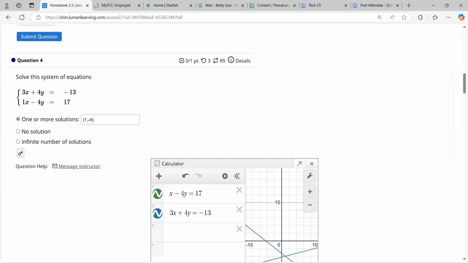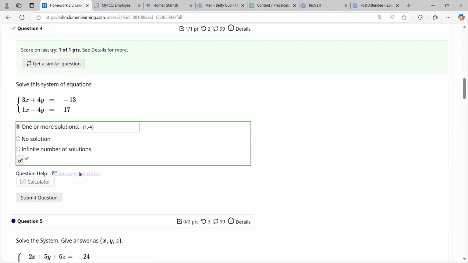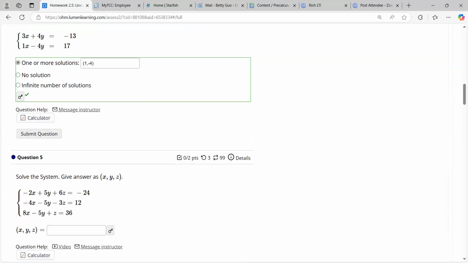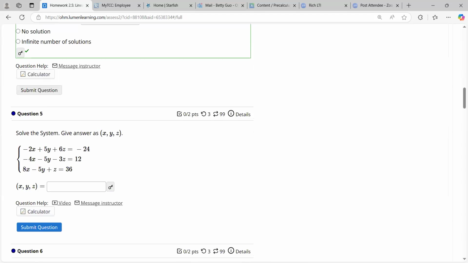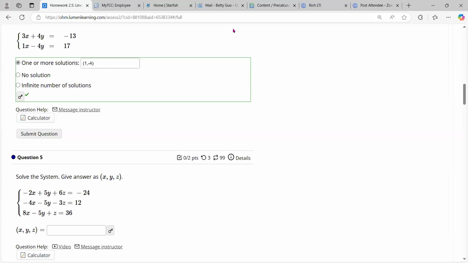Check. Is correct. Then you don't have to learn the method. I think you should try to grasp the method and then use the graphing calculator.